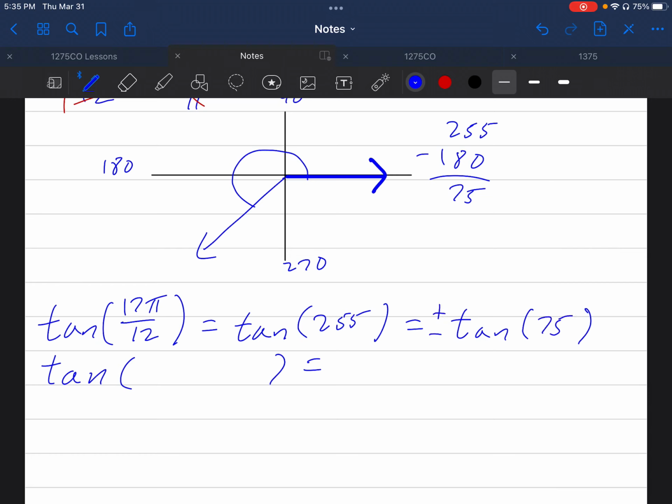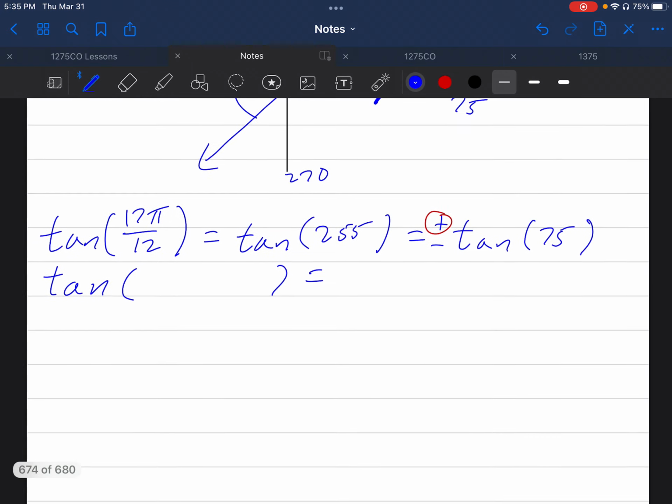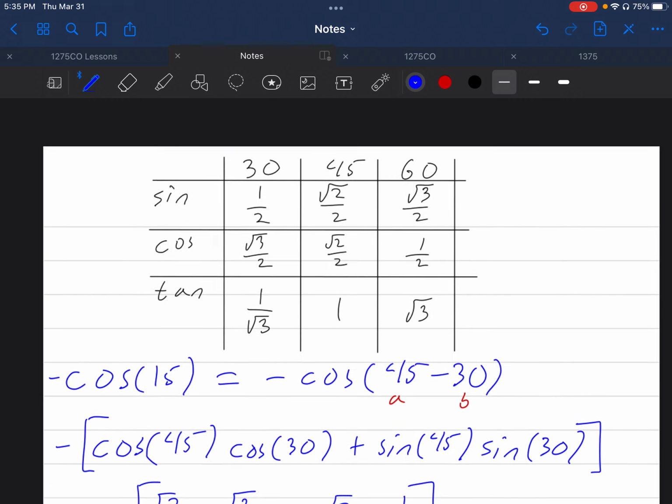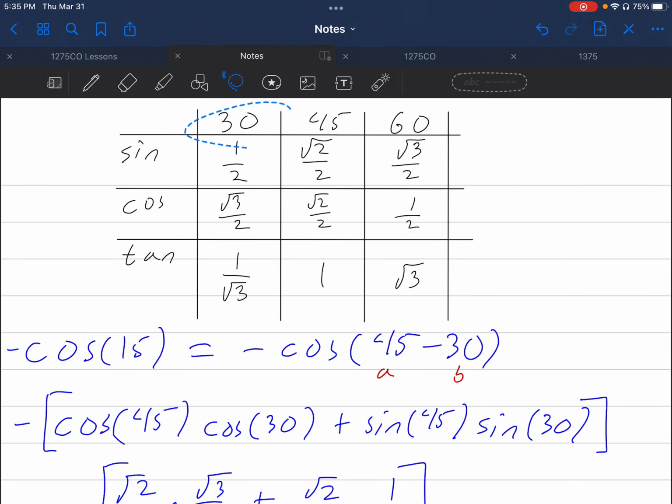Is this positive or negative? Because we are in quadrant 3 and using tangent, this answer is going to be positive. So how can we rewrite 75 degrees? Again, using a combination of any of these numbers here, either subtracting or adding, because again, these are the reference angles that we have to work with. 75 is equal to 30 plus 45.